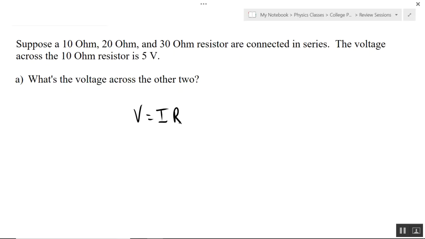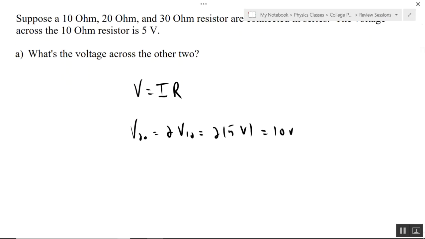So V for the 20 ohm is 2 times 5 volts, which is 10 volts. V of the 30 is 3 times 5 volts, which is 15 volts. So the other two are 10 and 15, like you said.